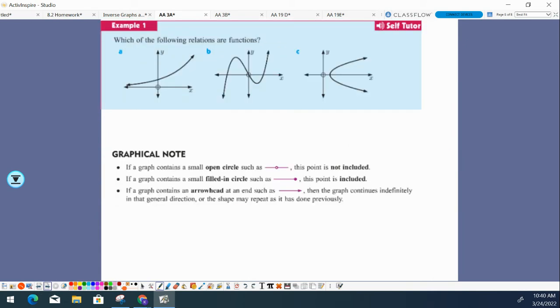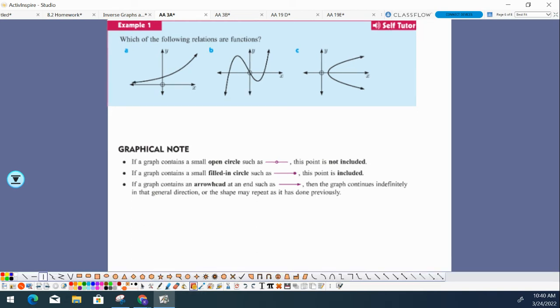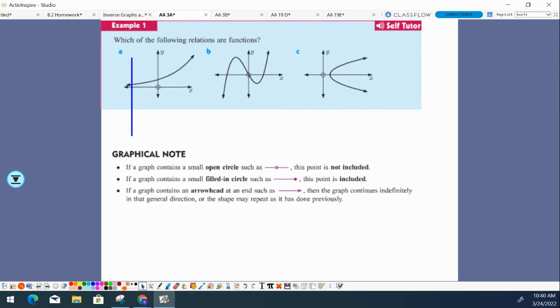So here's 3 examples. In example 1, if we draw a line, if I pass this line through the graph, I'm only touching one spot at a time. So that means this is a function. I'm only touching one point on the graph at a time. What about letter B?